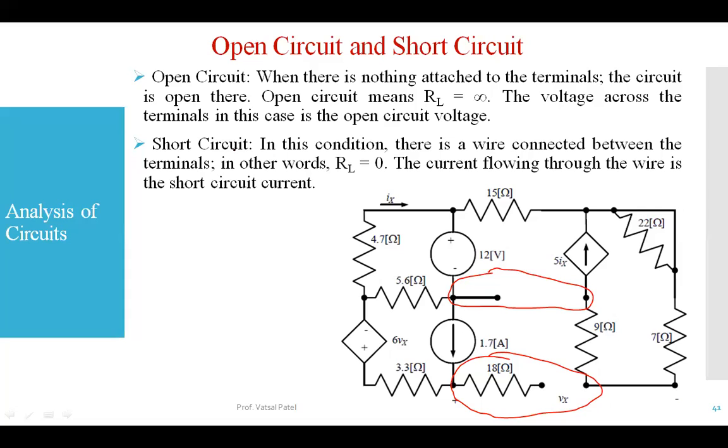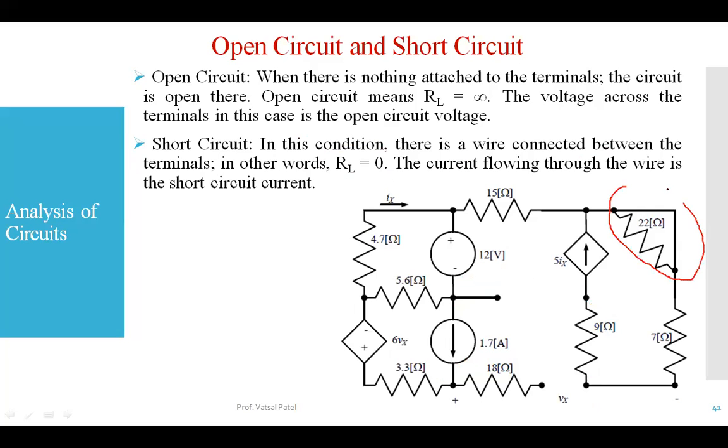Now, if we talk about the short circuit case, in this condition there is a wire connected between the terminals and that resistance will have a zero value. You can see in this diagram the short circuit case given across the 22 ohm resistance.